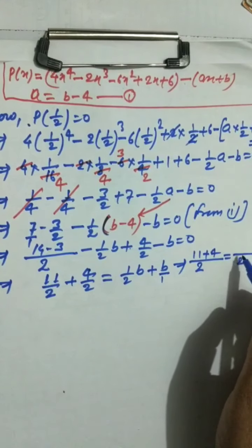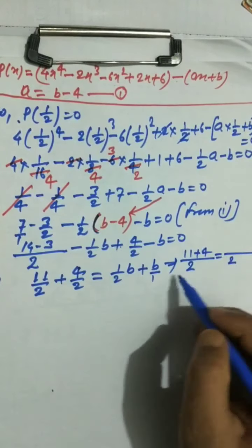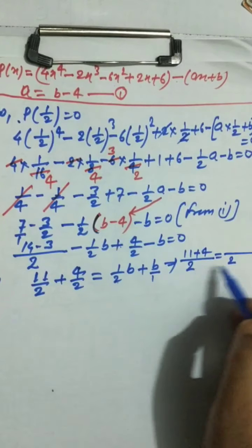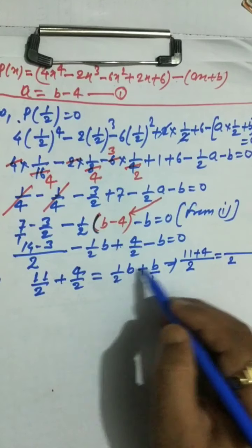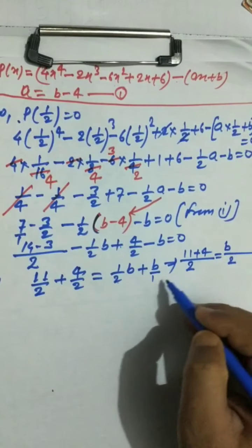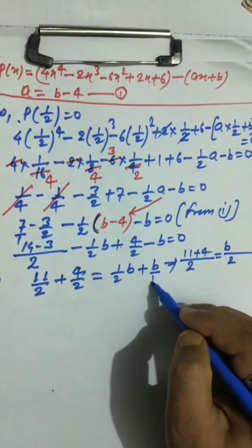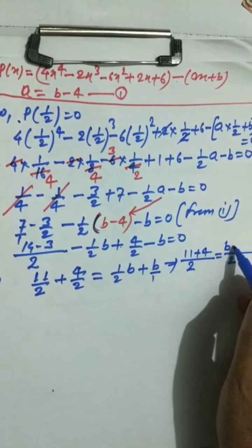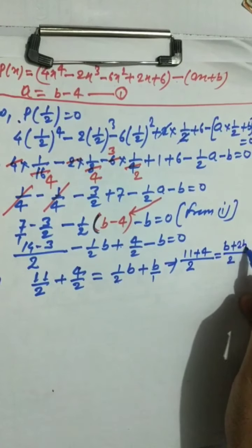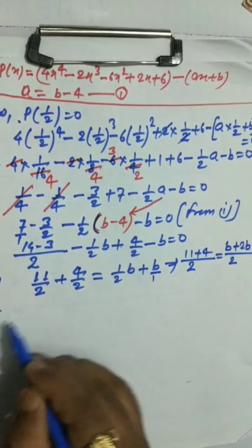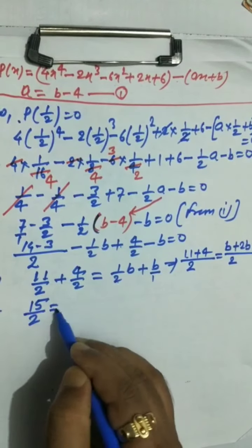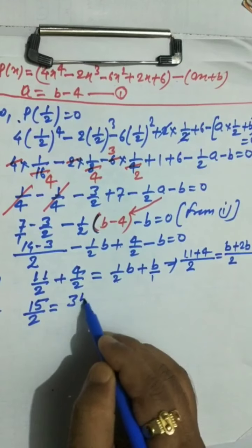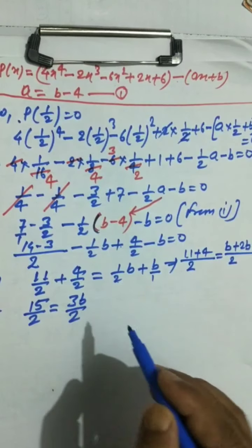Then we have these 2 divided by 2 will be 1, and 1 multiplied by 1b will be 1b, and 2 divided by 1 will be 2, and 2 multiplied by b will be 2b. Then we have 11 plus 4 is 15 upon 2 will be equal to 3b upon 2.